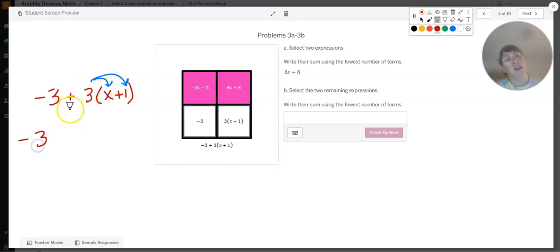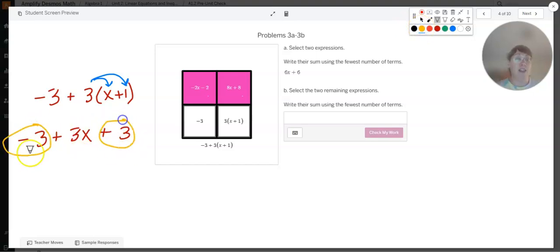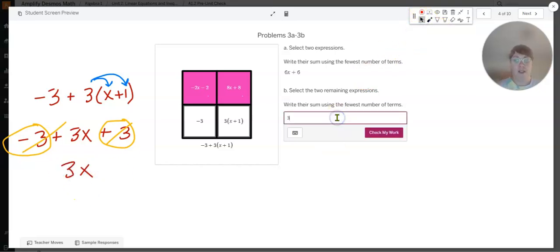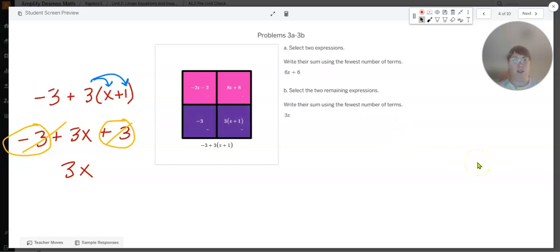So we have negative 3 plus 3 times x is 3x. 3 times 1 is 3. Negative 3 plus 3 cancels out to 0. So we're really just left with 3x. Yay. Perfect. Once you have those two all set, push ahead to slide 5.